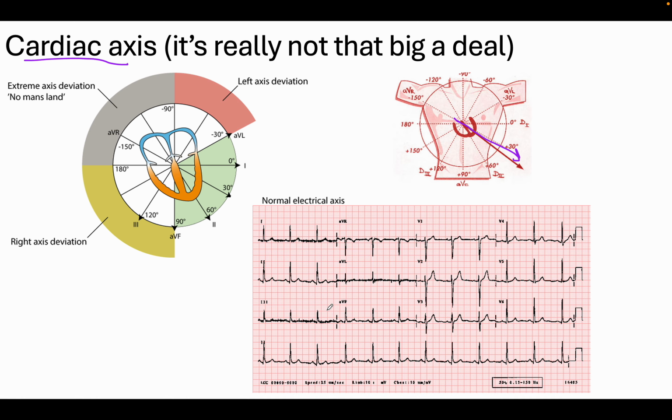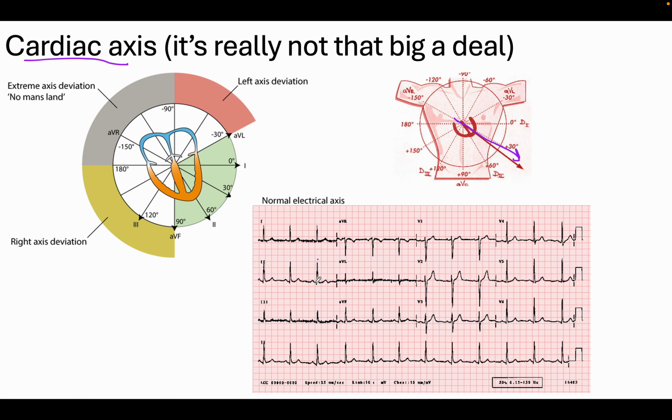And then AVF is just about in the walls of the left ventricle too, and signal should also be going towards it, so it should also be positive. So that's how you assess for a normal axis. It's not really complicated at all.